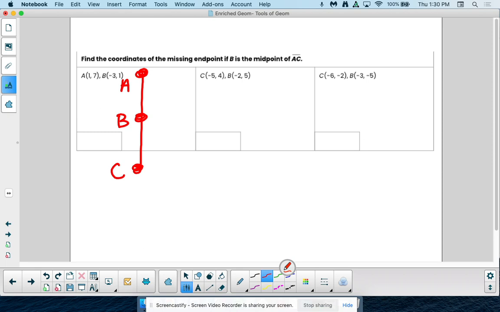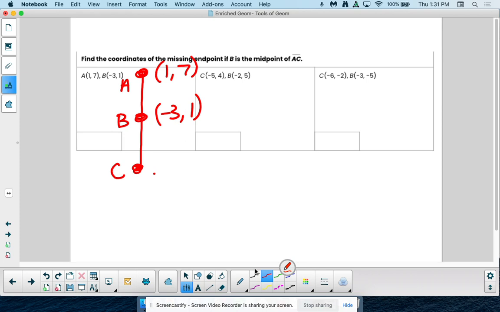Now I'm going to label my ordered pairs that they give me: 1, 7 and -3, 1. So right now we're looking for where C is. And don't overthink it. Think AB is the same length as BC. They have to be the same distance, right?